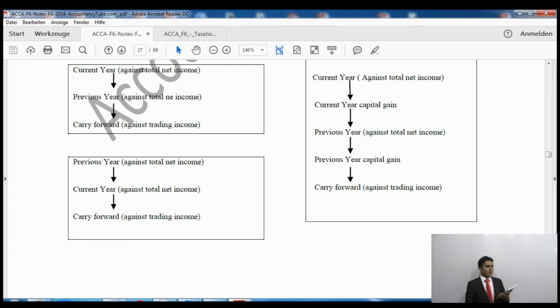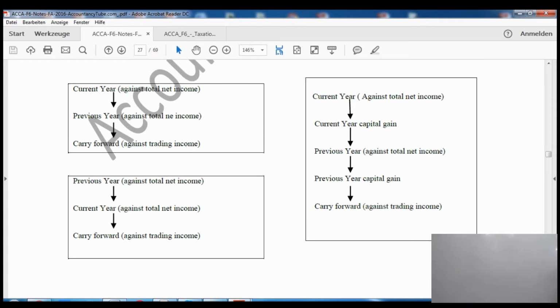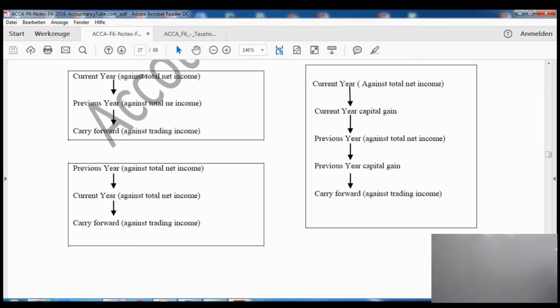Now these are the options available to us for setting off the loss. For the current year, on the left side, the first option is against the current year's total net income. After that, the previous year's total net income, then carry forward against the trading profit of future years.